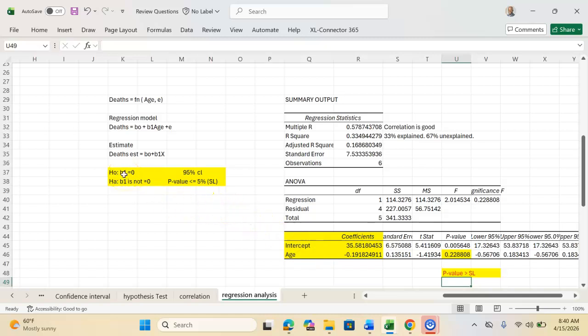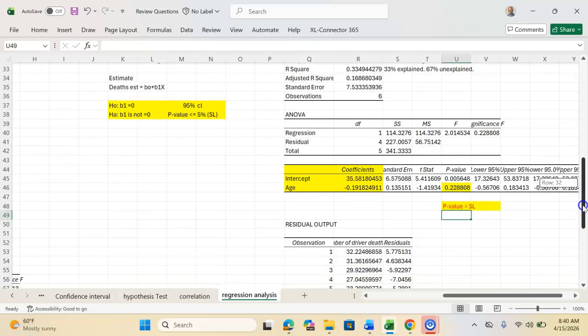So we fail to reject the null hypothesis, meaning that age cannot explain the number of deaths because the slope is almost 0. So when you change age, it does not necessarily relate to a change in the number of deaths.